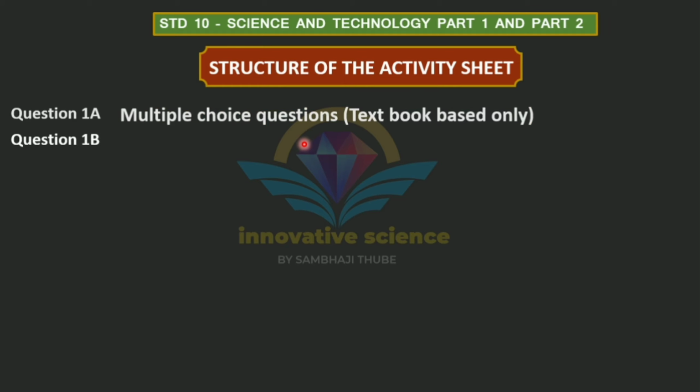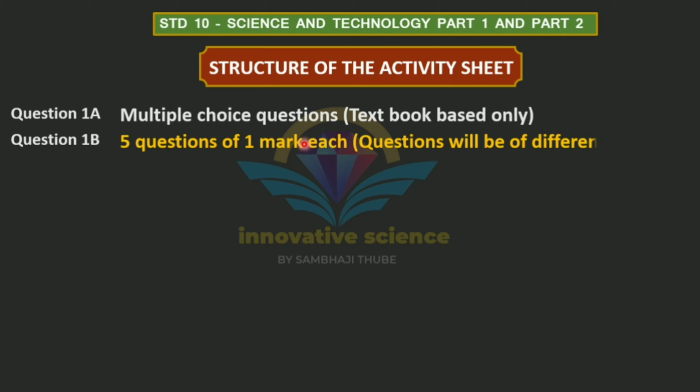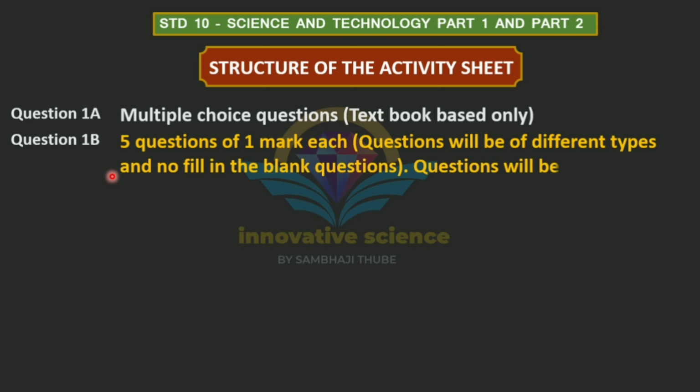Question number 1B contains 5 different types of questions, and in 1B there are no fill in the blank questions. These questions will be asked from the following question types.